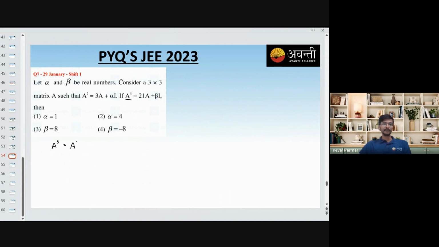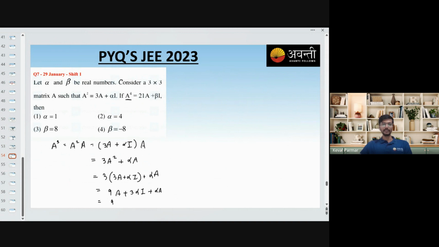That is A square into A. What is A square? 3A plus alpha I into A, which is equal to 3A square plus alpha A. What is A square? Let's substitute the value of A square. It is 3A plus alpha I plus alpha A. So this is 9A plus 3 alpha I plus alpha A.